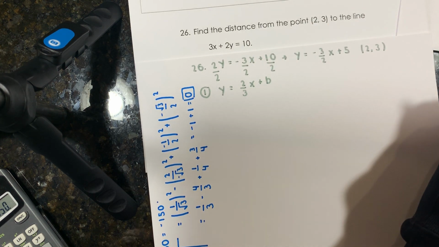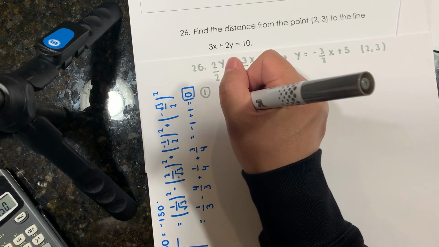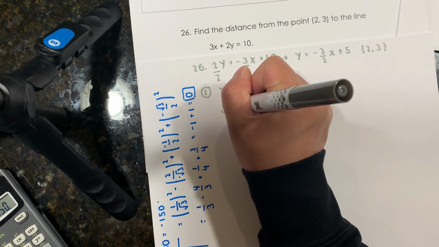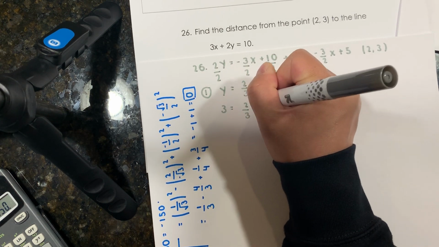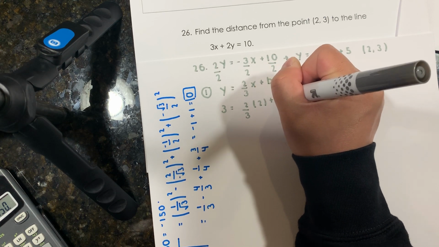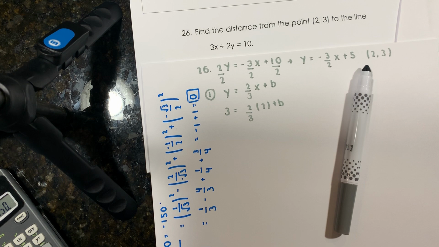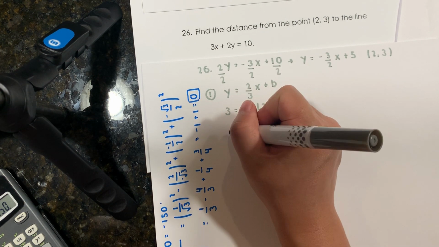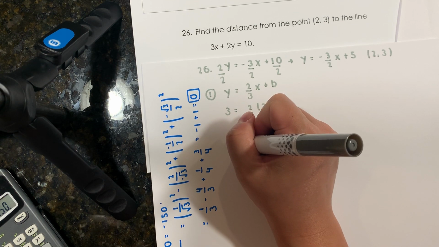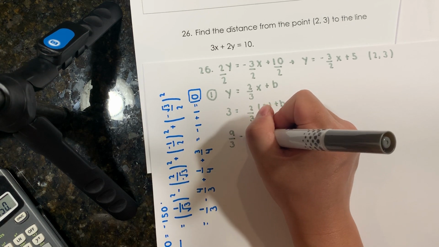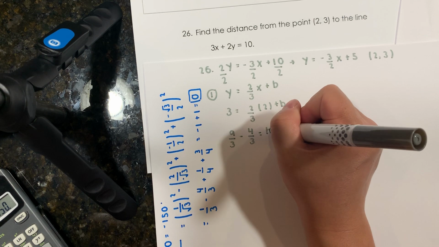I'm going to plug in this point right here, which is going to be 3 equals 2/3 times 2 plus b. Then what I need to do is make a common denominator. So that would be 9/3 minus 4/3 equals b.